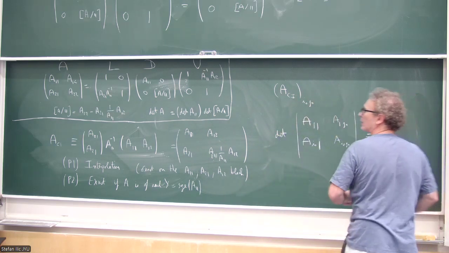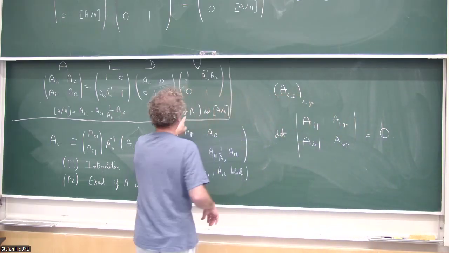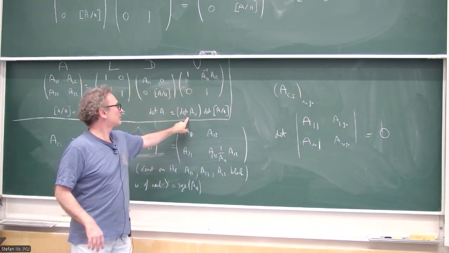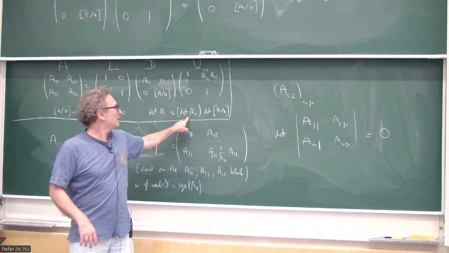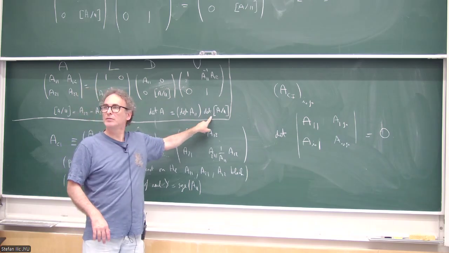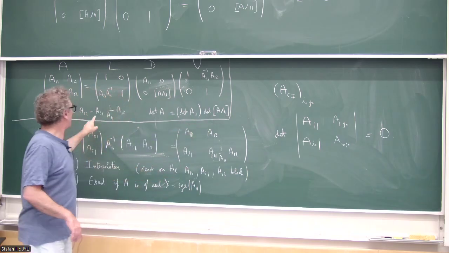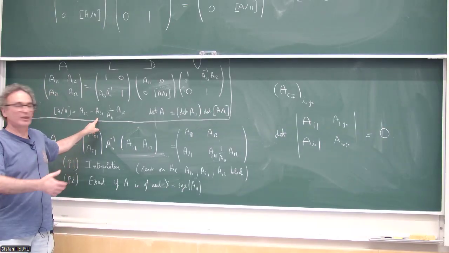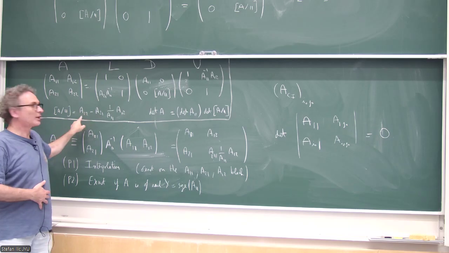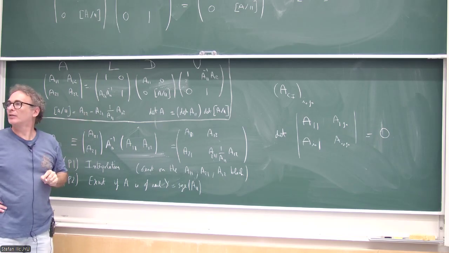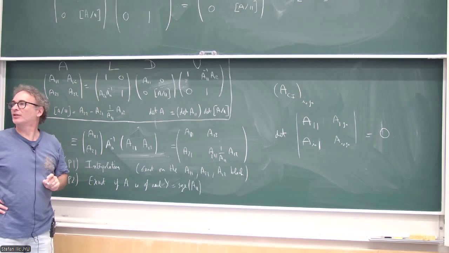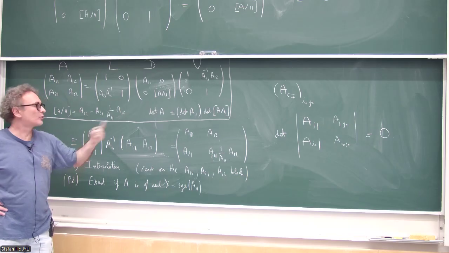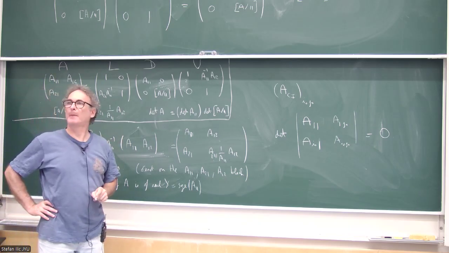On the other hand, it's equal to the determinant of A11, which is non-zero, times the determinant of the Schur complement, which therefore has to be 0, because 0 equals non-zero times something. So the determinant of the Schur complement has to be 0. And this is actually the error of the cross interpolation. I'm just reproving the same thing in a different way.